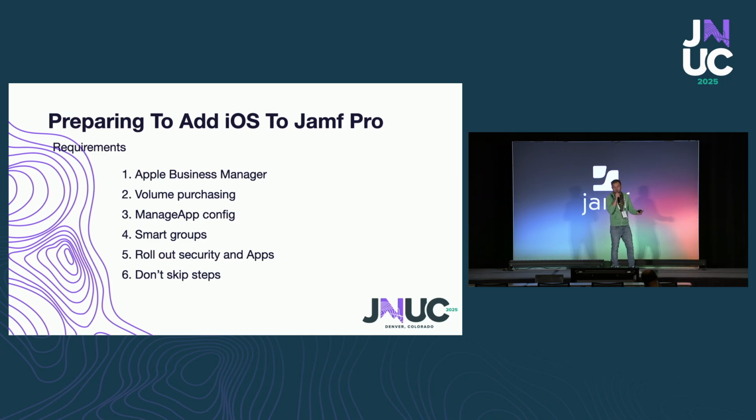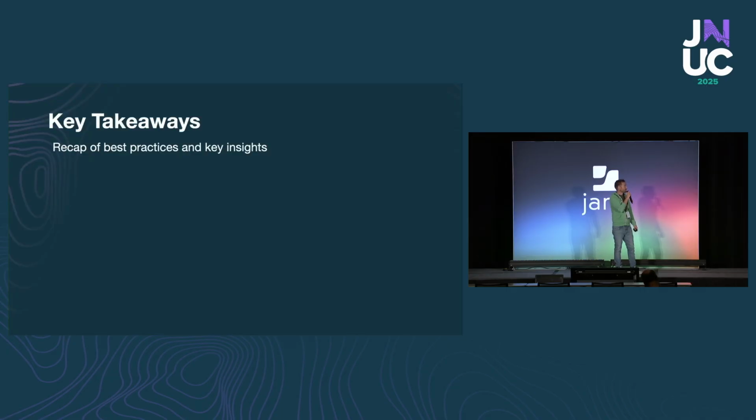Get your smart groups ready, and then you can roll out your security and your apps, and you're really fast done with iOS deployment. So you can see it's a good place to start if you have not started with Jamf Pro. Not as complex as macOS.